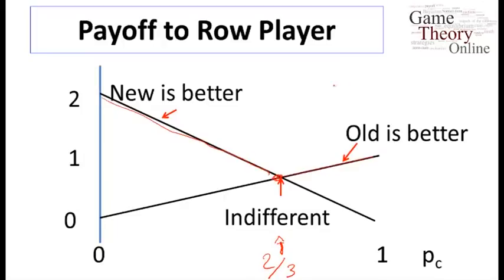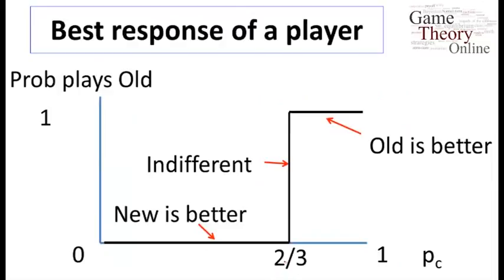How do you get that? Well, you're just putting the two payoffs together. This is PC, this is 2 times 1 minus PC. Find the point where those two things are indifferent, and you'll get an answer here of 2/3. So that gives us a figure in terms of the payoffs, and now we translate that into the best response. So below 2/3, new is better.